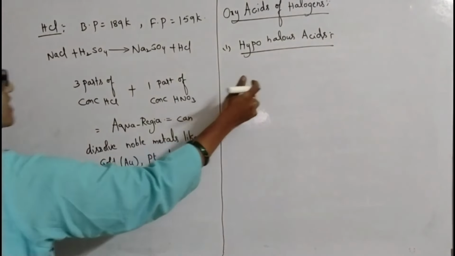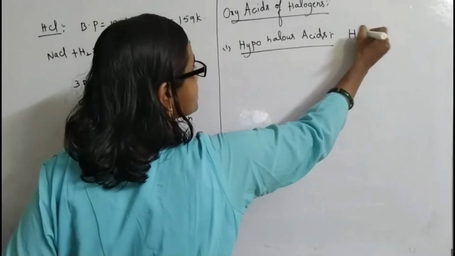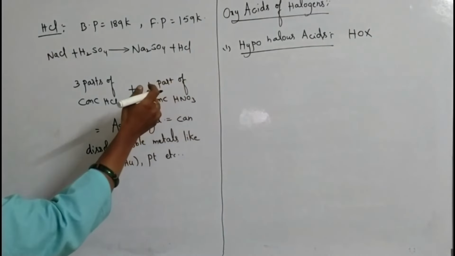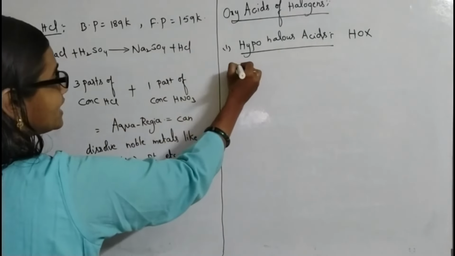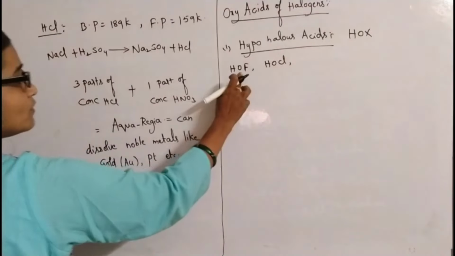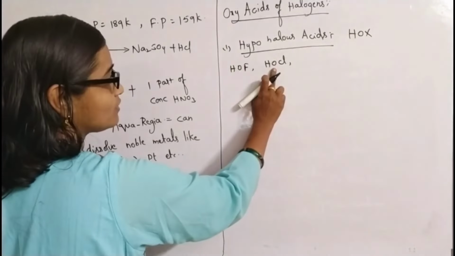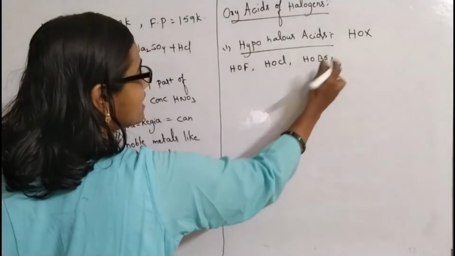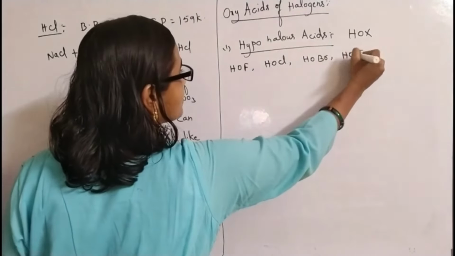Hypohalous acids have the general formula HOX, like HOF, HOCl (hypochlorous acid), HOBr (hypobromous acid), and HOI.